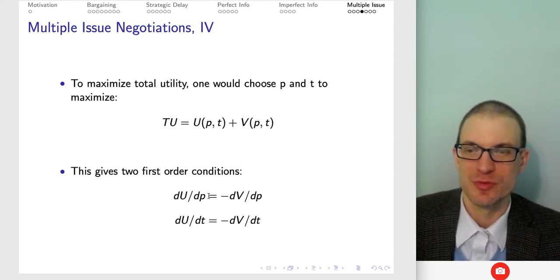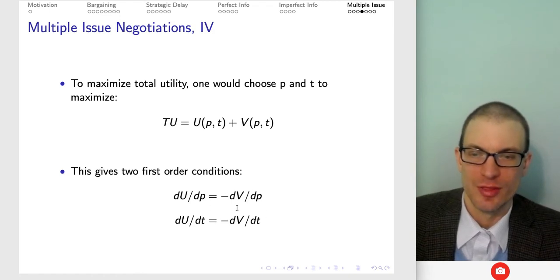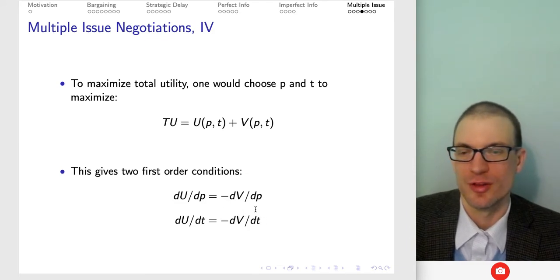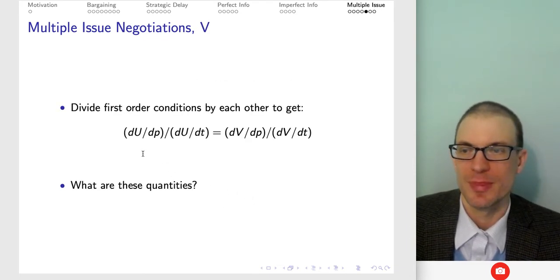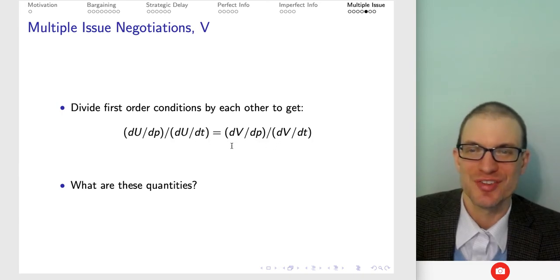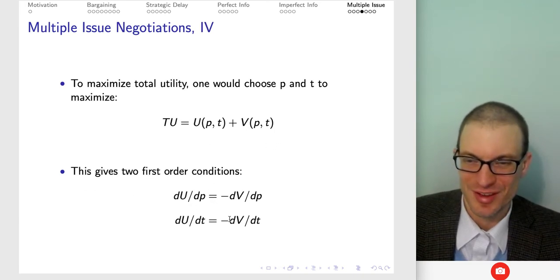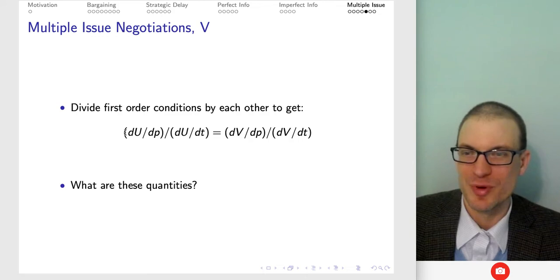So derivatives with respect to price, we have my utility with respect to price and their utility with respect to price, and then the derivative of my utility with respect to time and the derivative of their utility with respect to time. If you divide the first order conditions by each other, we end up with dU/dP divided by dU/dT equals dV/dP divided by dV/dT.